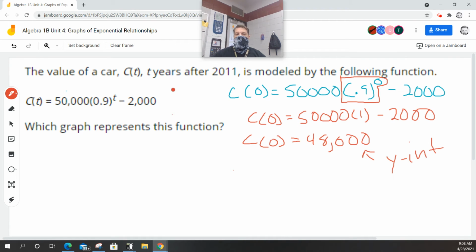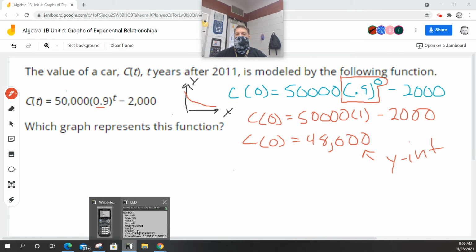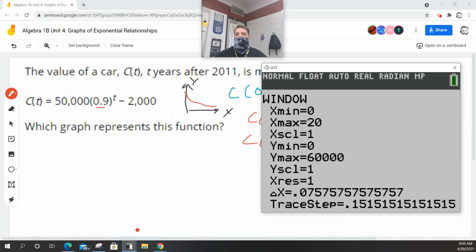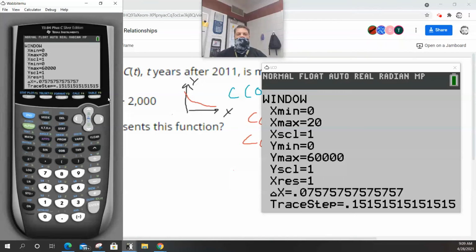Because this is less than 1, I know in my head that it's going to start off really high up at 48,000 and then taper down. So my x doesn't have to go that far. 0 to 20 is fine because it's going to go down quick.